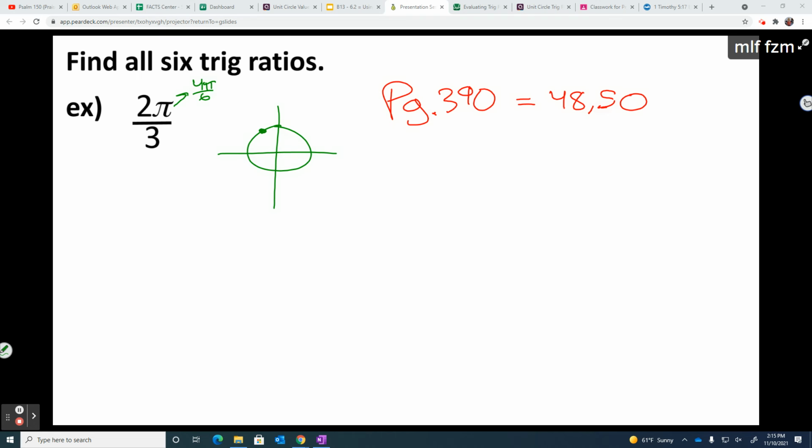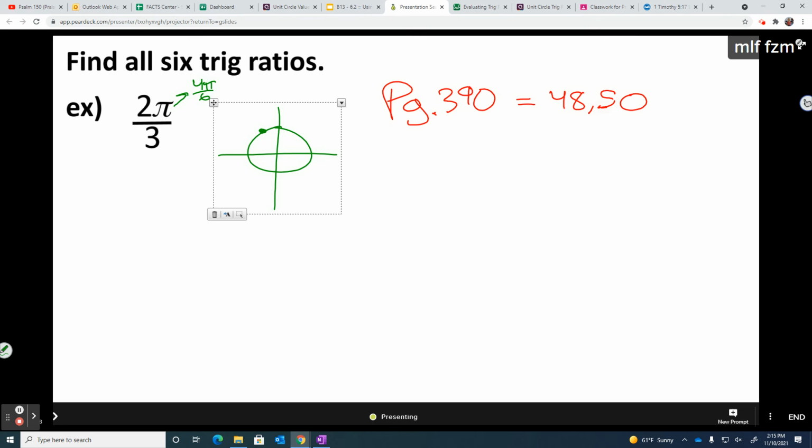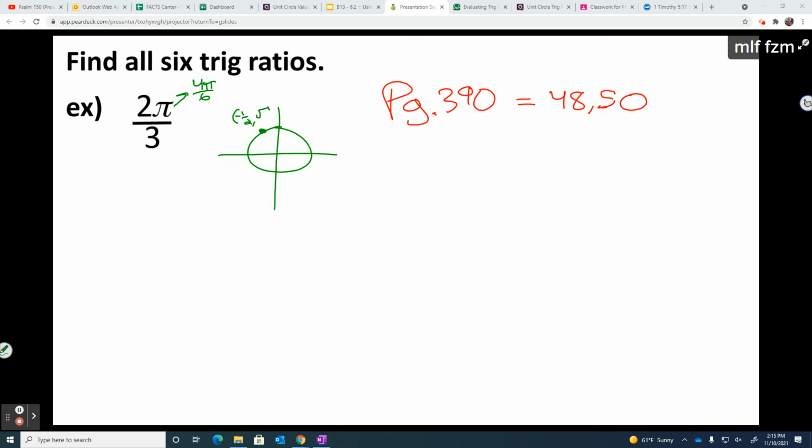Because this is 1 over 6, 2 over 6, 3 over 6, it'll be just after that, 4 pi over 6. There. So then the coordinate pair is going to be negative a half, radical 3 over 2. The one down here would be 5 pi over 6.